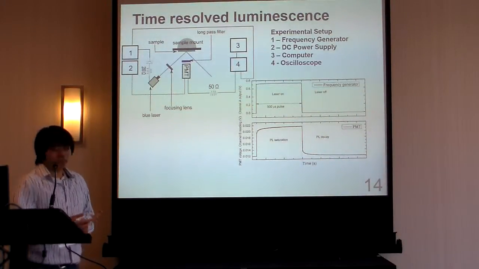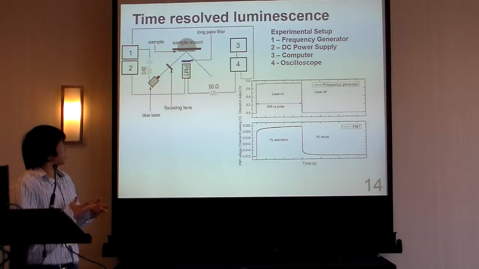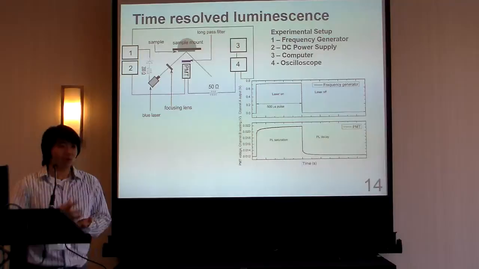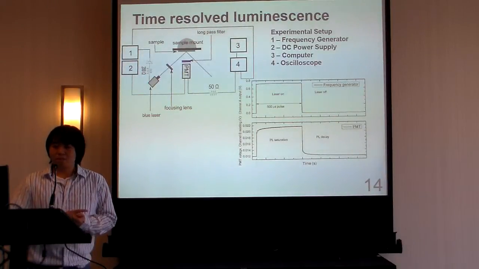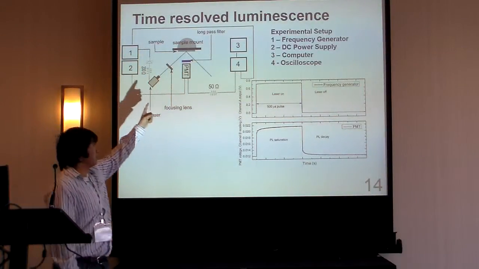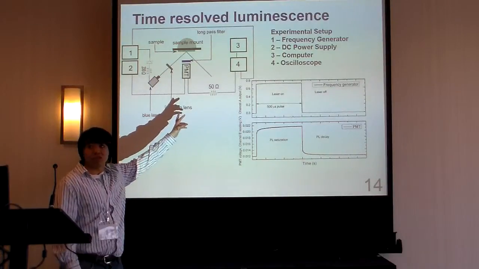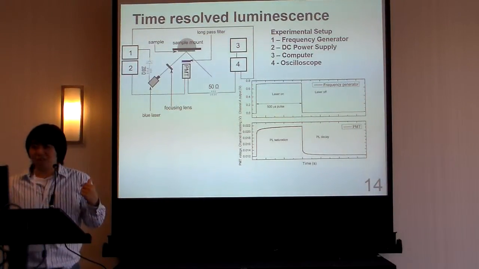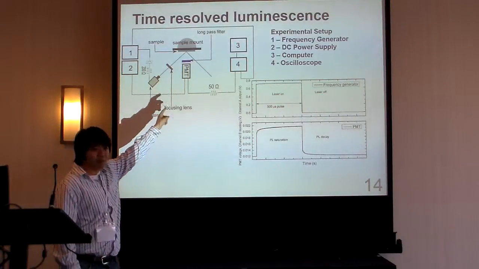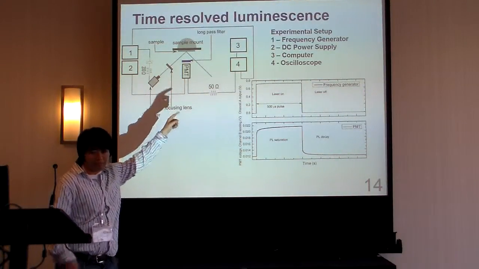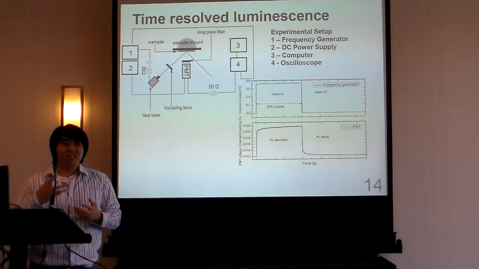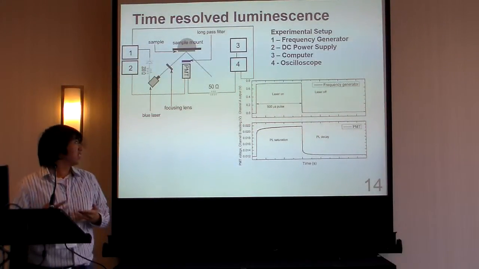So here, this laser is controlled by a frequency generator and a power supply to become a pulsed laser source. So when the laser is on, the sample gets excited through the PL mechanism that I described in previous slides, and it emits PL light, and this PL light is collected by a photomultiplier tube, which converts the light to a voltage.